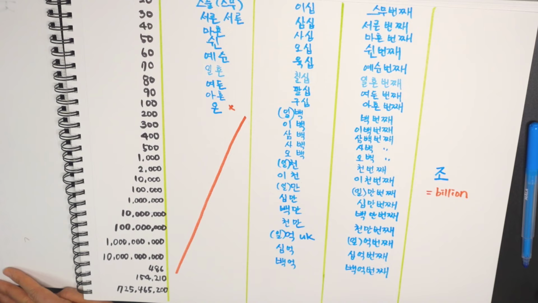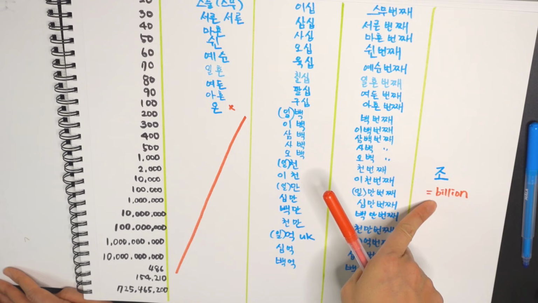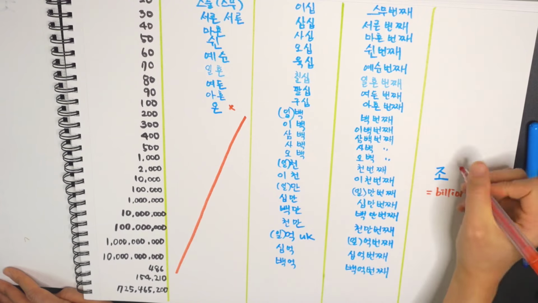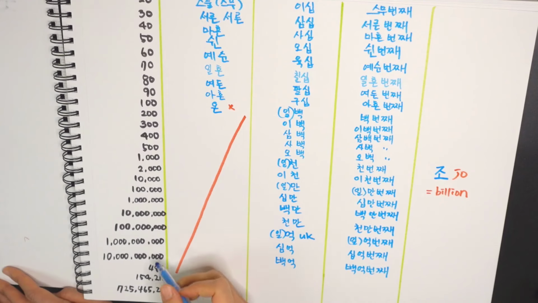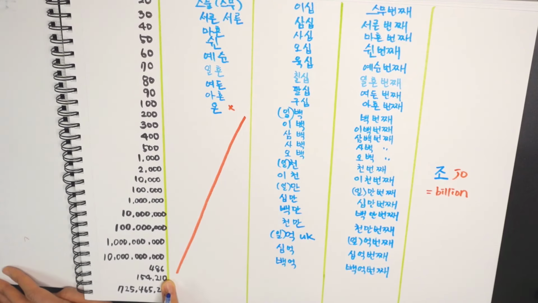A billionaire has about 1조 won in terms of Korean. Okay? So 조 is billion.